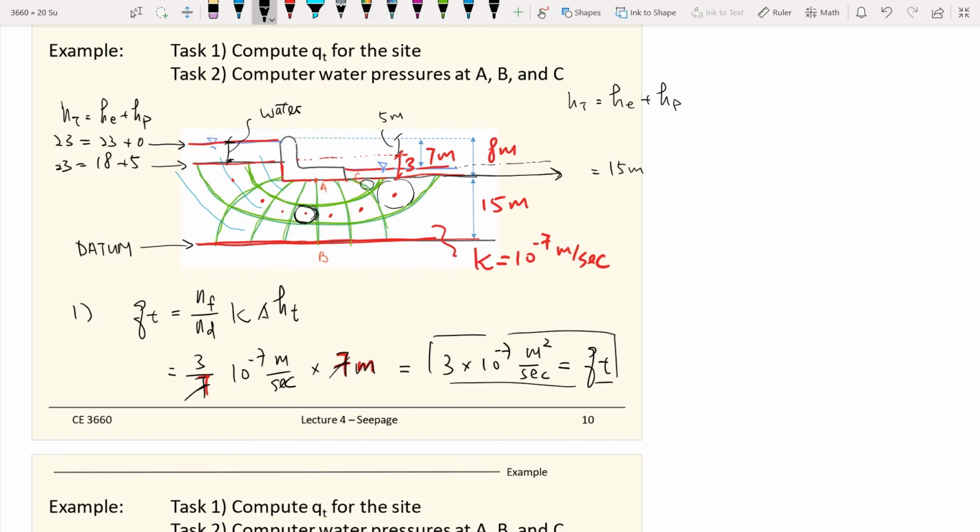And we can continue our work right here. So we just look at the position where we are exiting the soils, and now we are at the water level. We look at the water level, the water table downstream. Very similar. This time the elevation head over there is 16 meters.